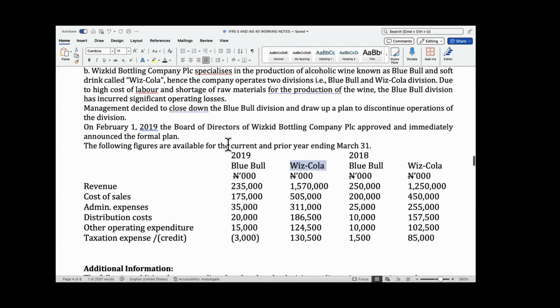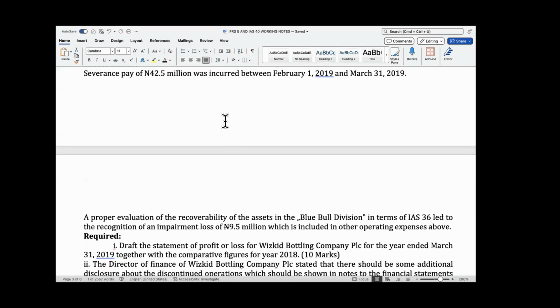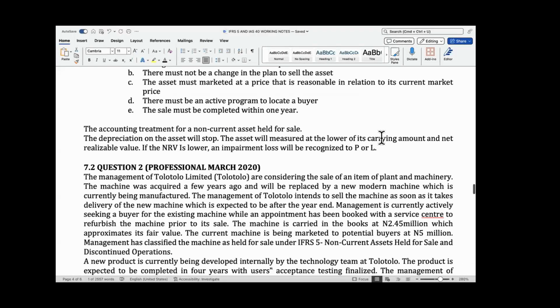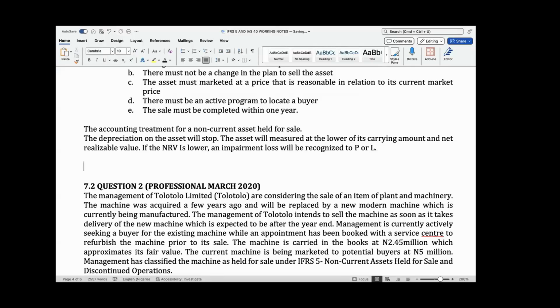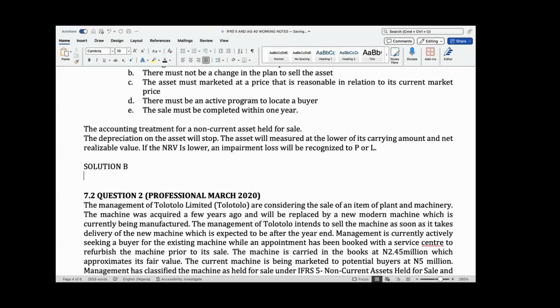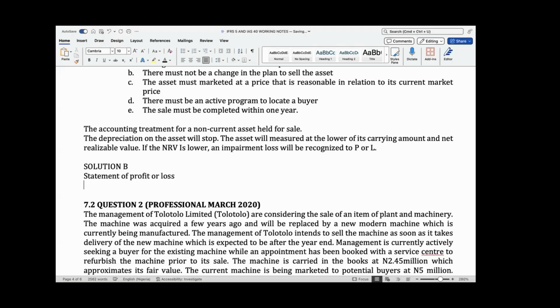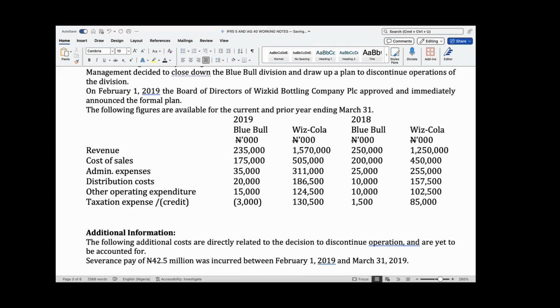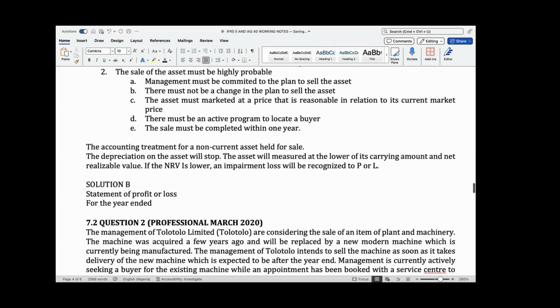So we're required to prepare the statement of profit or loss. This is the solution B part. Prepare statement of profit or loss for the year ended March 31st, 2019.